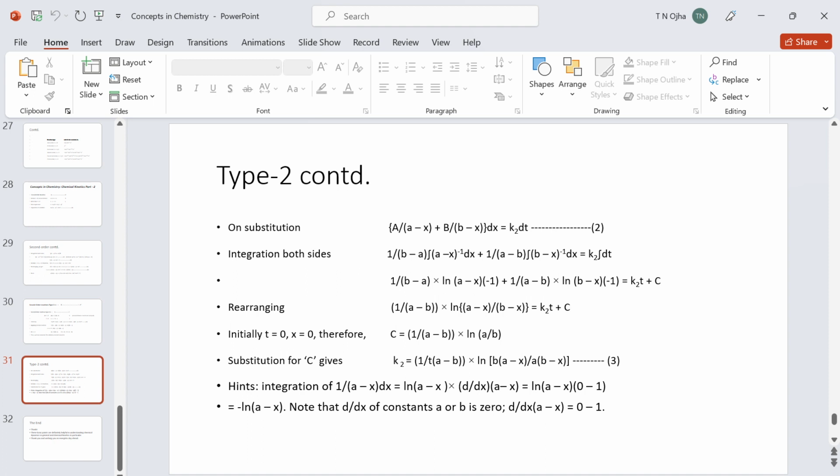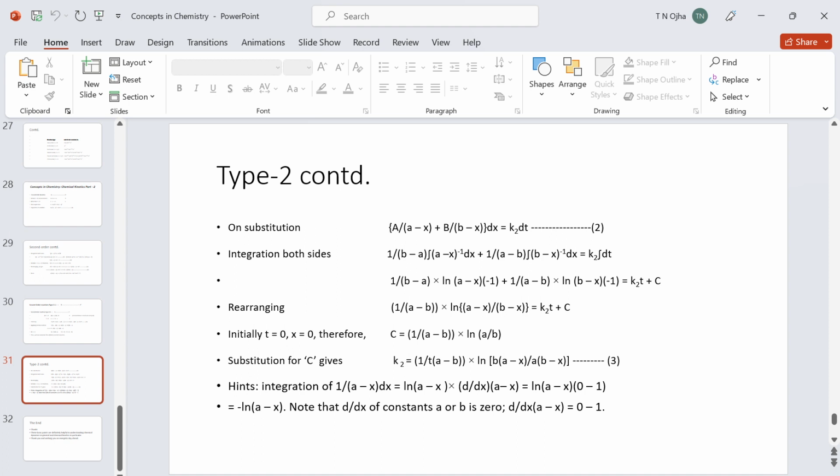On putting the values of A and B and then integrating, rearranging the equation, evaluating the arbitrary constant C, we get the final equation K2 equal to 1 over t(a minus b) into log of b(a minus x) over a(b minus x).